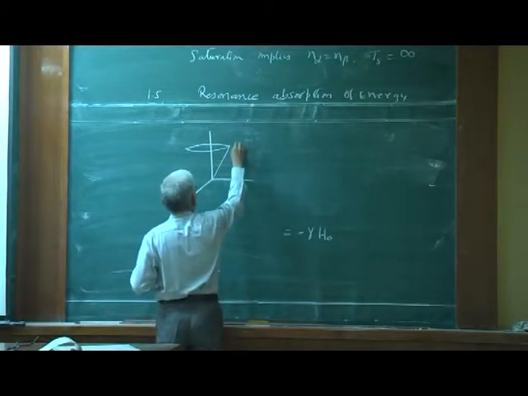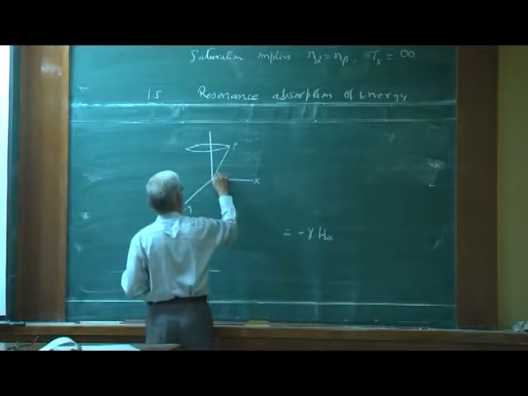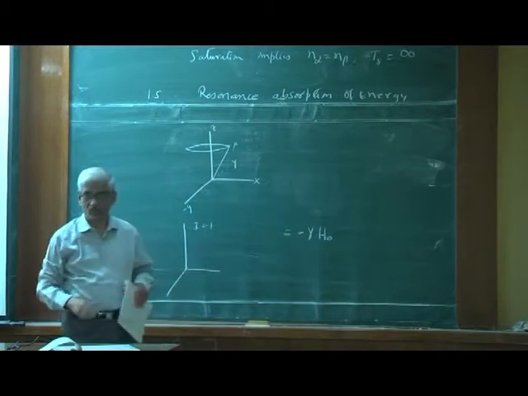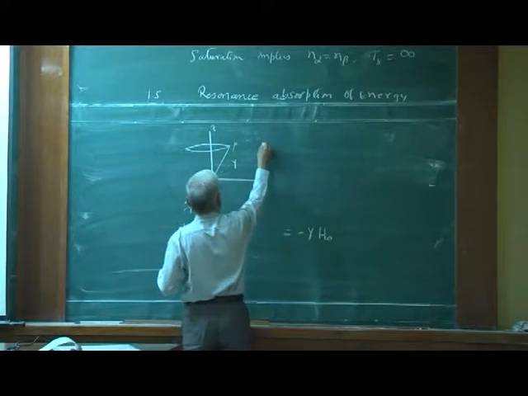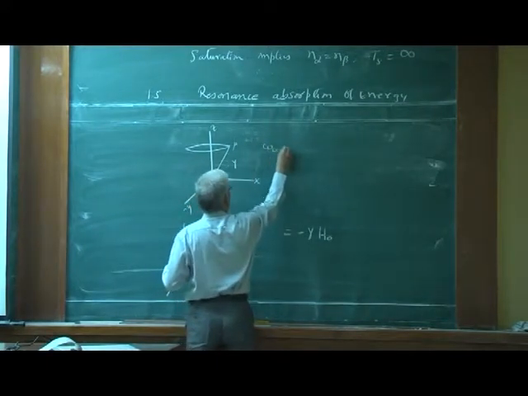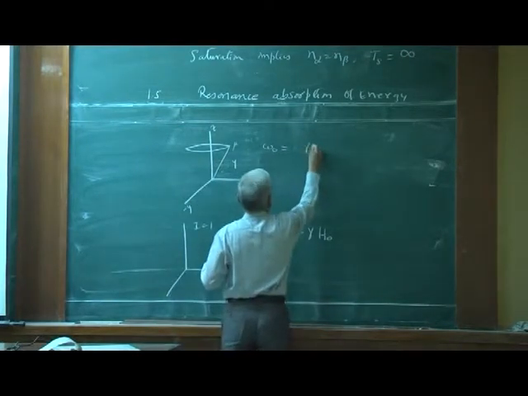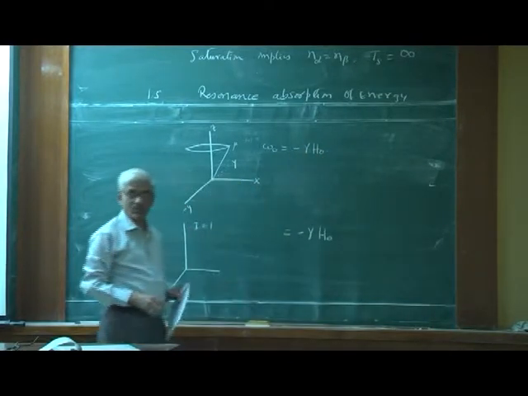This is mu, x-axis, this is minus y, this is the y-axis, and this is the z-axis. And this precessional frequency is, let's call this omega naught. Precessional frequency is omega naught, and that is minus gamma H0. Okay.